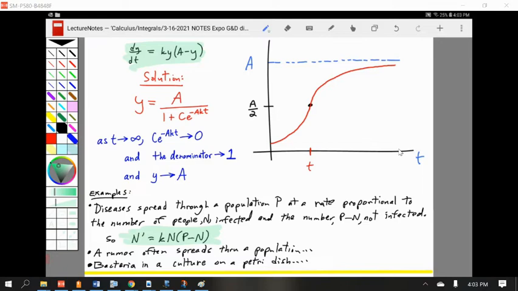Bacteria in a culture. So we talk about bacteria growing exponentially. We talk about humans reproducing exponentially, or rabbits reproducing exponentially, exponential growth, right? The issue is that can only happen if there's enough space for it to happen. So bacteria in a culture on a petri dish will grow exponentially, but eventually the numbers of bacteria slow down because they reach the limiting factor that is being basically contained by the petri dish, right?